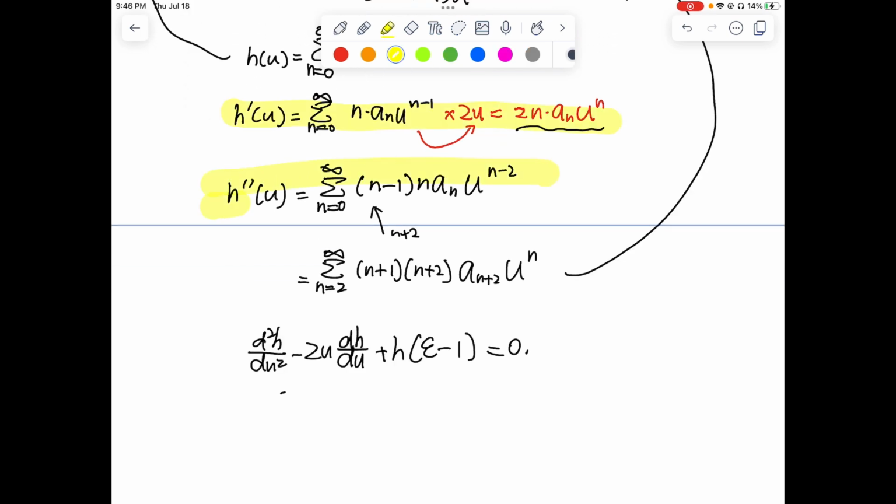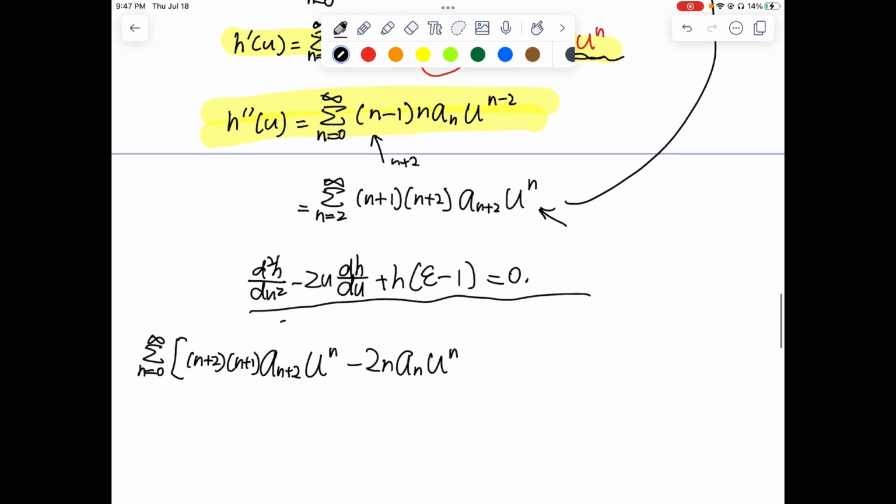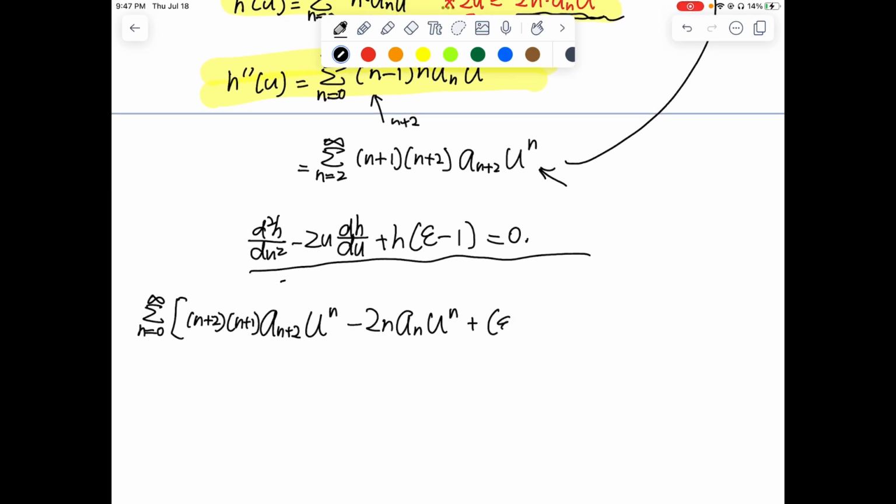Now let's plug our first and second derivative into our Schrodinger's equation. It's going to be equal to the sum from 0 to infinity of n plus 2 times n plus 1 times a n plus 2 times u to the n, because we proved it here, and minus 2n times a n times u to the n, which we set over here, plus epsilon minus 1 times h.